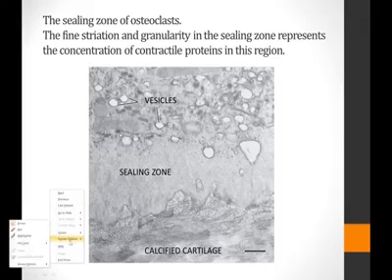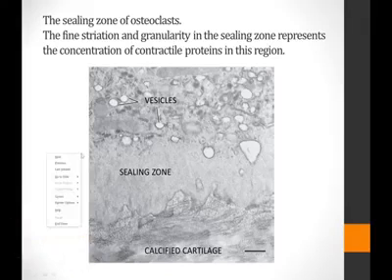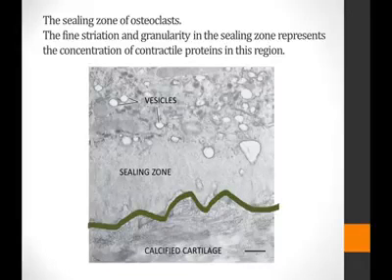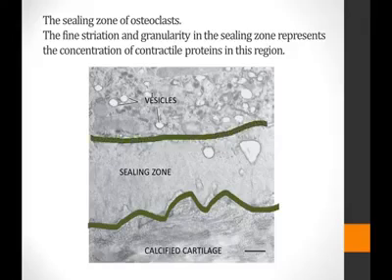So here in this figure, if you see, you would be able to appreciate a sealing zone between the calcified matrix basically, और ये zoom करके इन्होंने sealing zone जो है वो दिखाया हुआ है between your osteoclast and the resorbing bone surface.